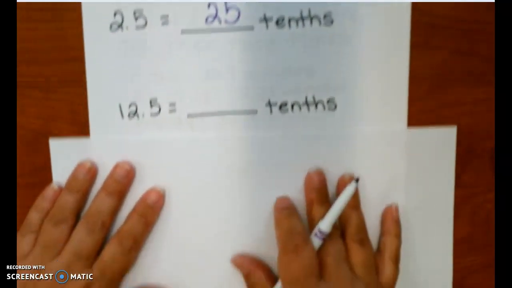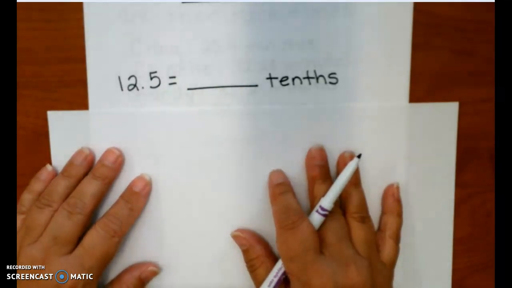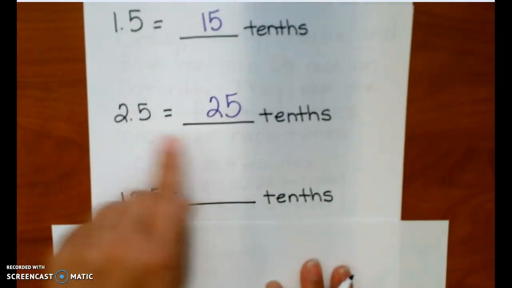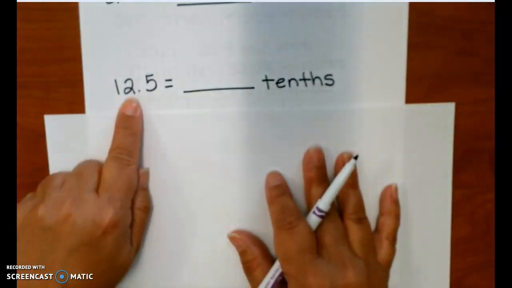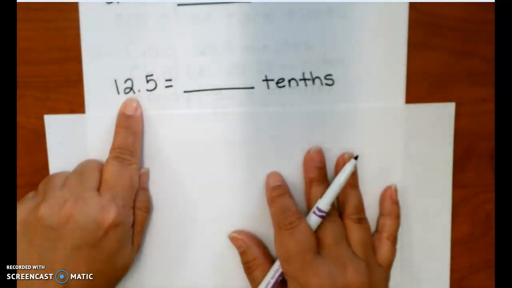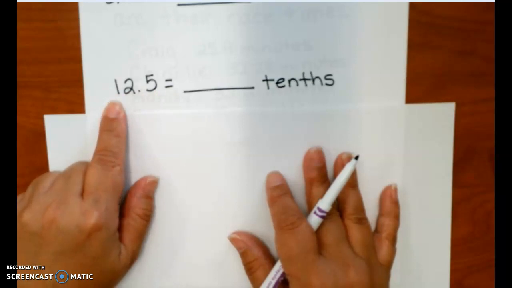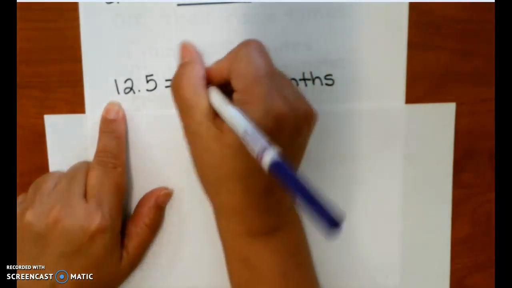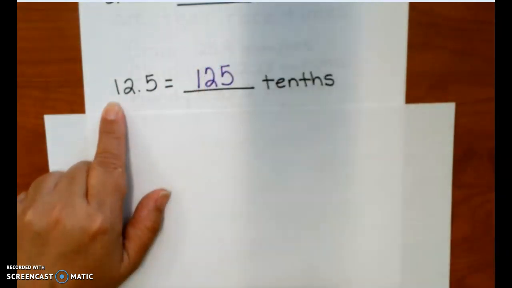Now I have 12 and 5 tenths. So if 2 tenths is 20 tenths, now I have 2 tenths here, so I've already got 25 tenths, but then I've got this 10. 10 ones is how many tenths? 100. So I have 125 tenths.